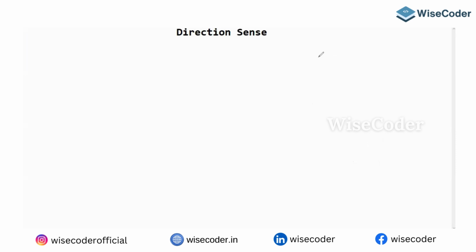Okay. Charan travels 7 kilometers towards south, and then 5 kilometers towards his left.